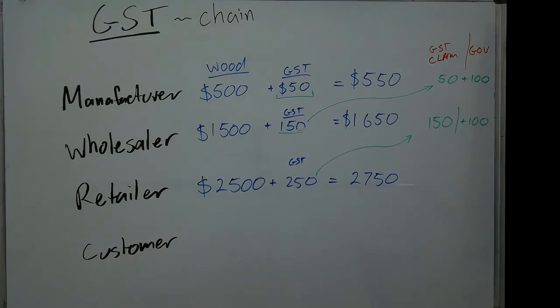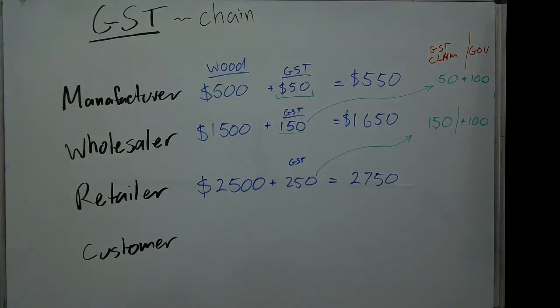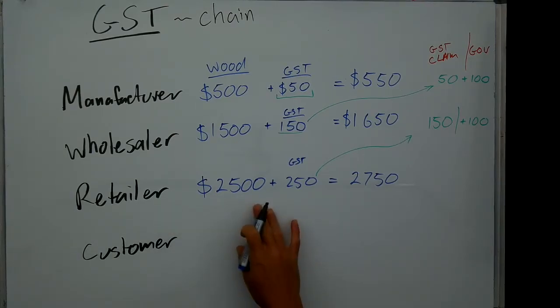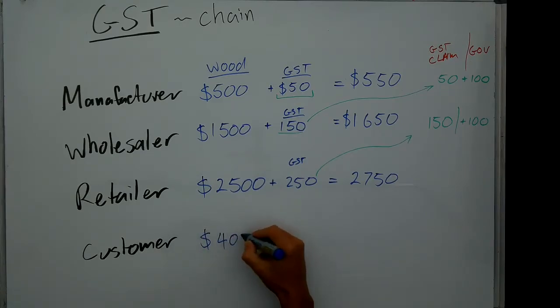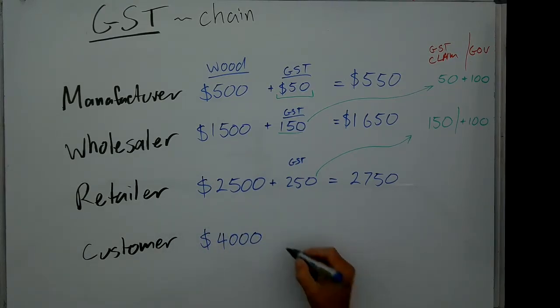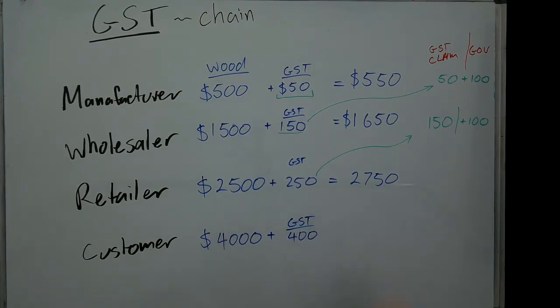Okay, so the final step is, let's just say the right amount of customers come in that want to buy all the tables, just for making the example simple, and the retailer decides, well, I'm going to make some profit. I'm going to sell all 10 tables for, let's say, $4,000, of which they have to then add on the GST, which is an extra $400.